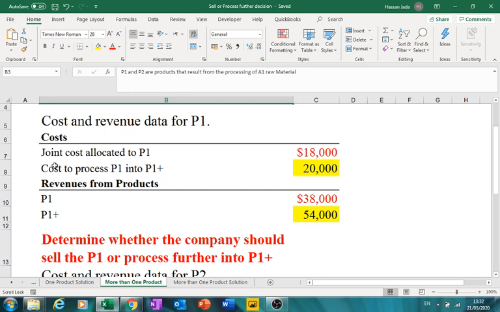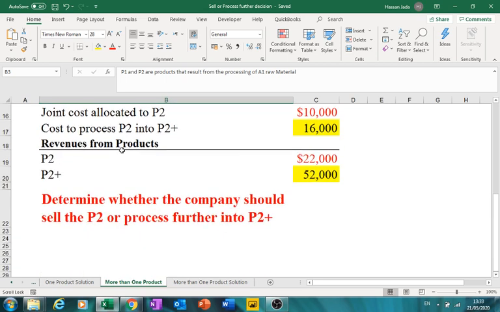Then what is the relevant cost for this type of decision is the cost of processing further. Cost to process P1 product to become P1 plus product. We improve P1 product and convert it to P1 plus, and the cost of improving P1 and making it P1 plus is $20,000.